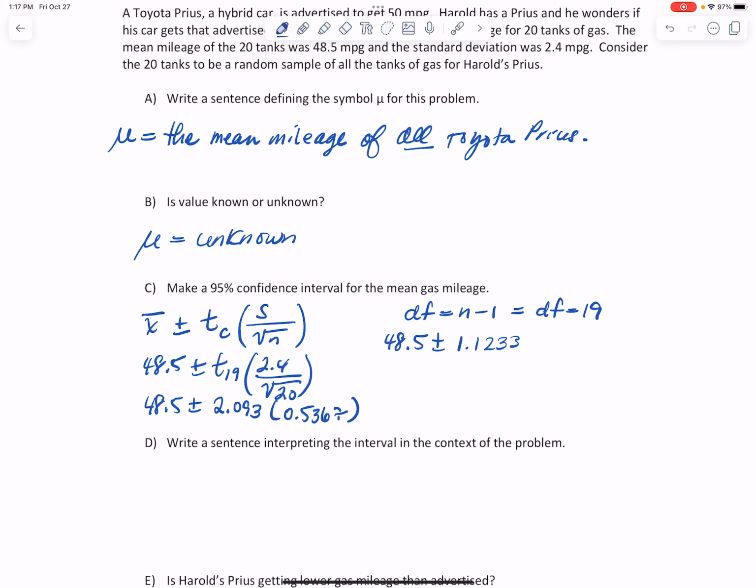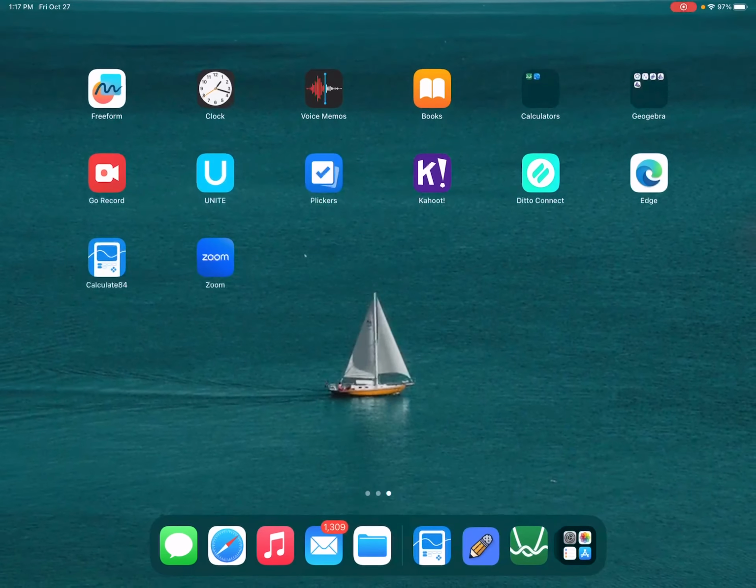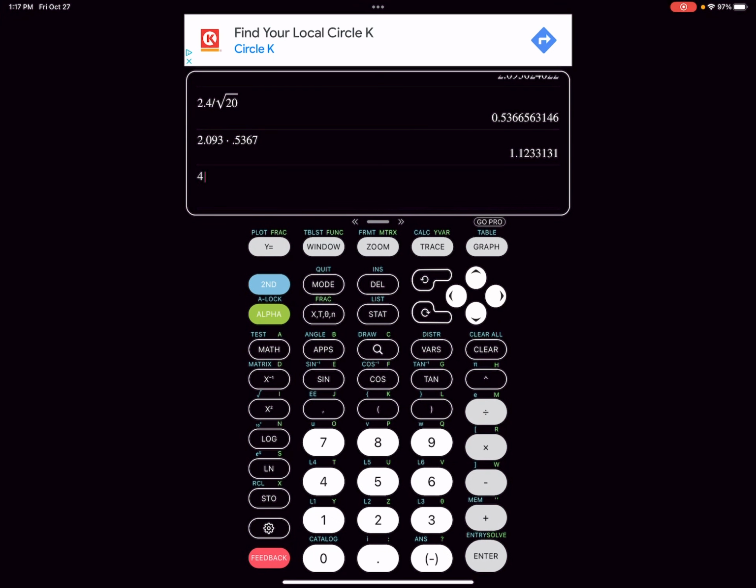So now I'm going to do 48.5 minus the margin of error and 48.5 plus the margin of error. So when I do 48.5 minus 1.1233, I get 47.27, and then 48.5 plus 1.1233, I get 49.62.